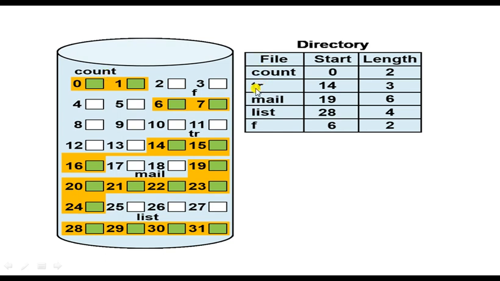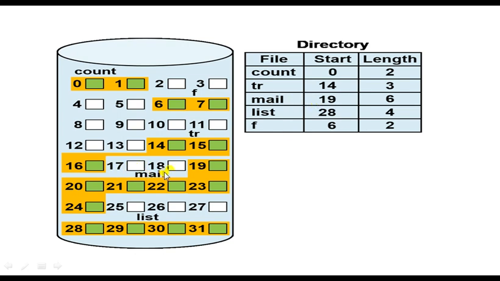Like tr is the file name, the starting block is 14, and its length is 3. So 14, 15, 16. From 14 to 16, these blocks relate to the file tr. Like mail is a file name, its starting location is 19.